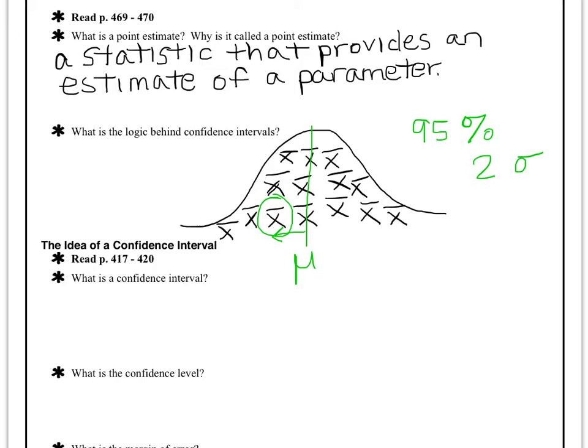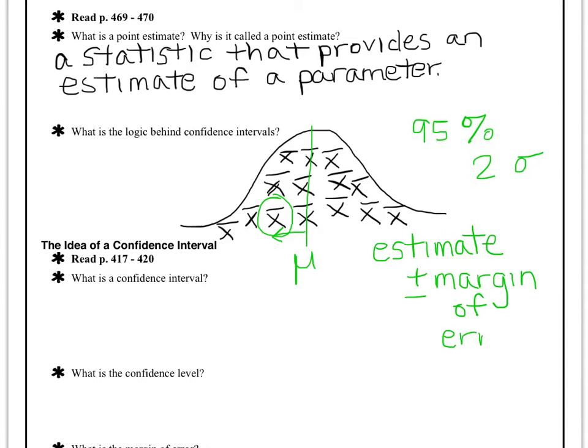Well, if this is within 2 standard deviations of the mean here, then that means that the mean is within 2 standard deviations of this. So if I start here with my statistic, or my estimate, I can add and subtract some type of margin of error.